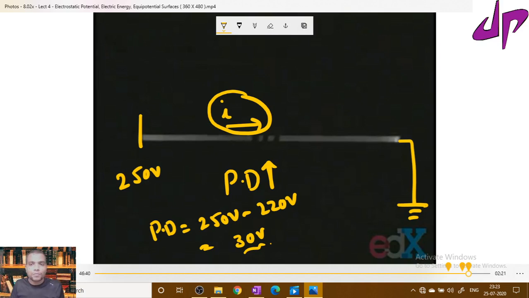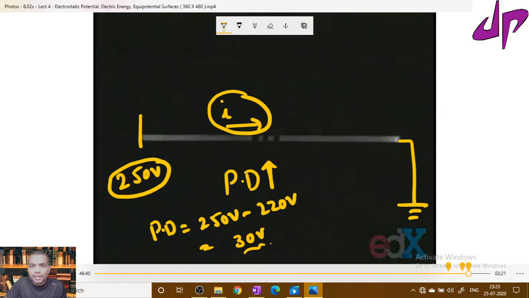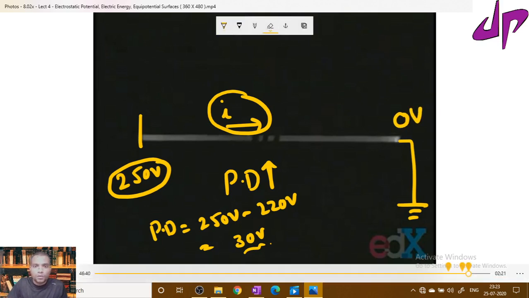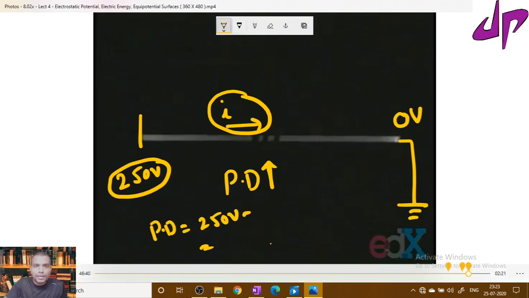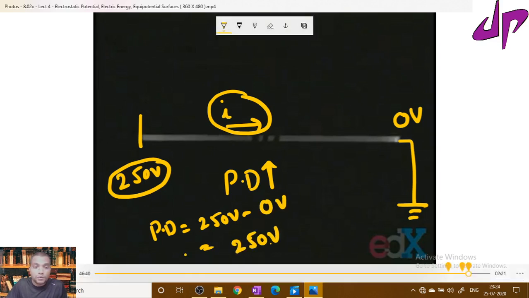When you connect to the ground, meaning touching one side, one side is 250 volt, and what is the potential at the other side? Since it is connected to ground, it becomes 0 volt. Now the potential difference is 250 volt minus 0 volt, which is 250 volt.